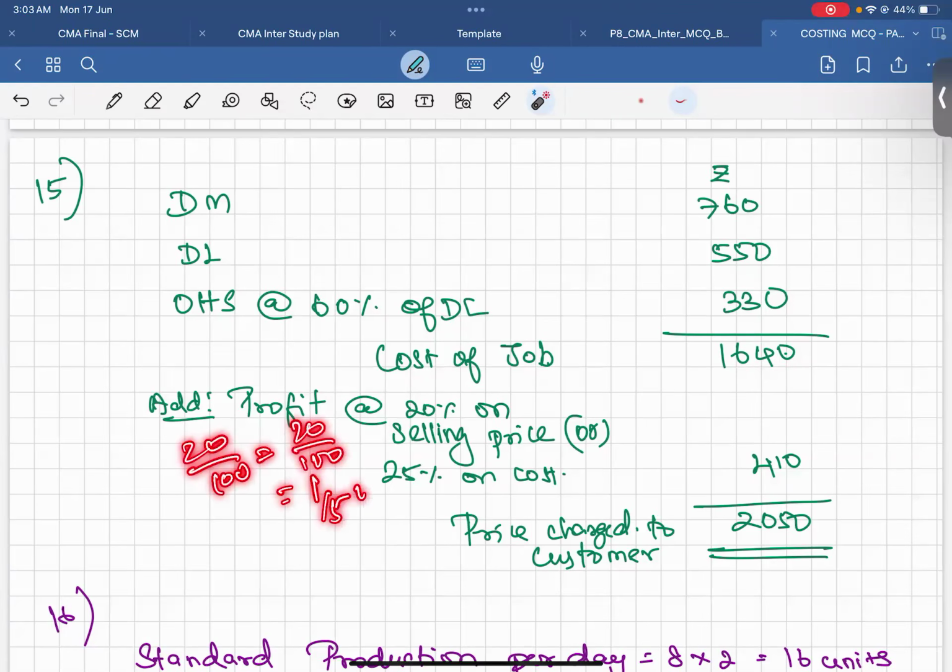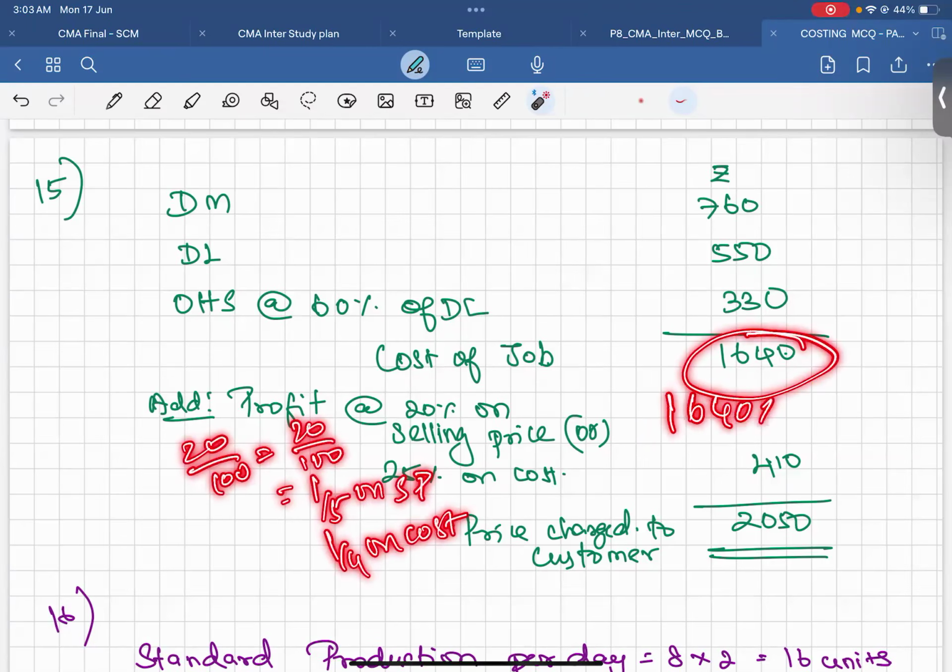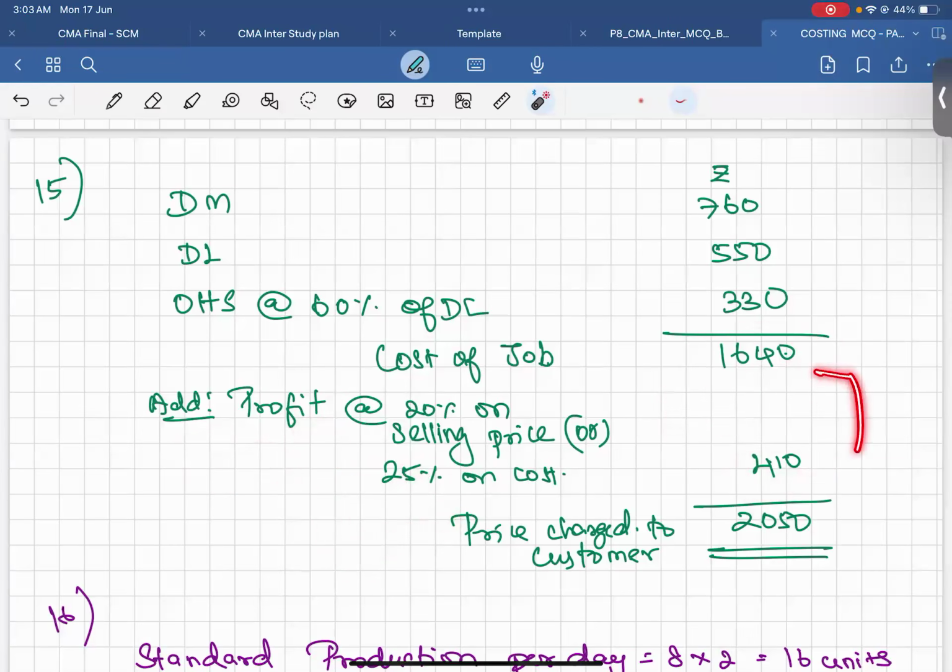Shall I write it as 1.5 on selling price is equal to 1.4 on cost price. We know only the cost, 1640. Find out 1 by 4, you will get 410. If you add all this, you will get the price charged to the customer. That is the job contract price. The answer is 2050.